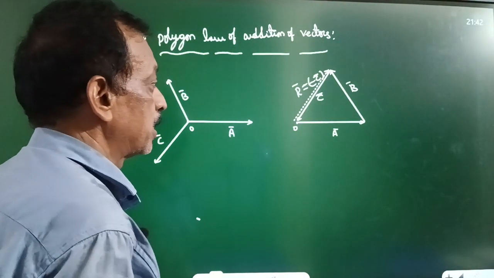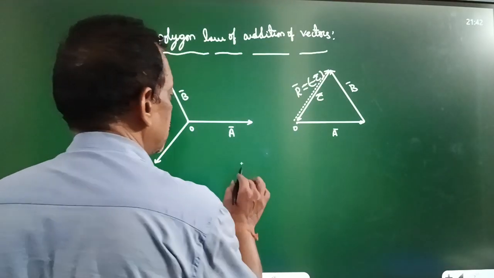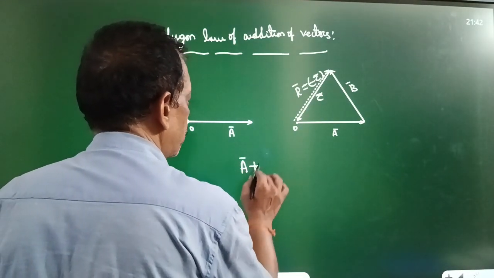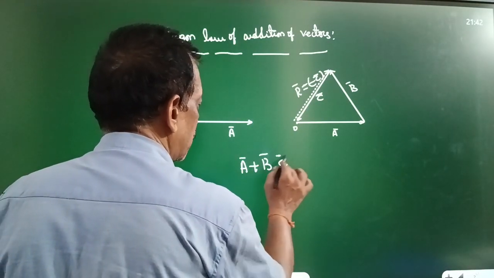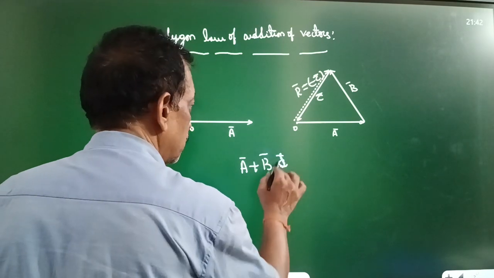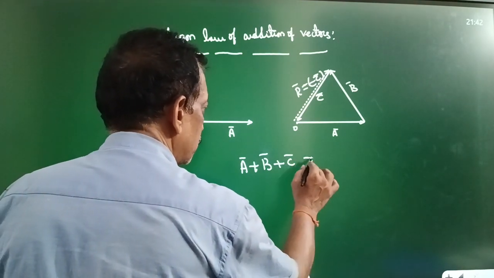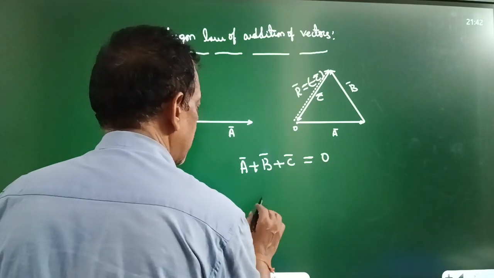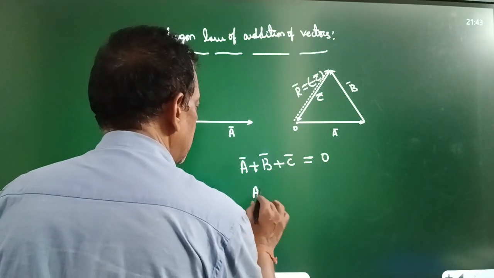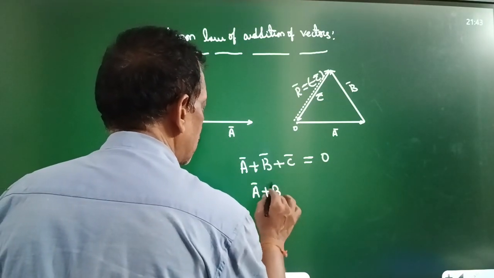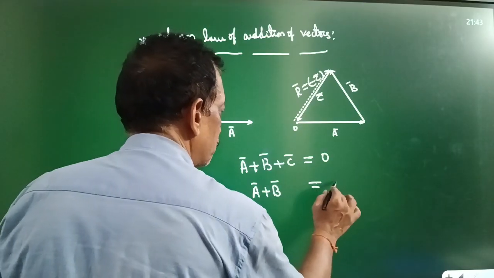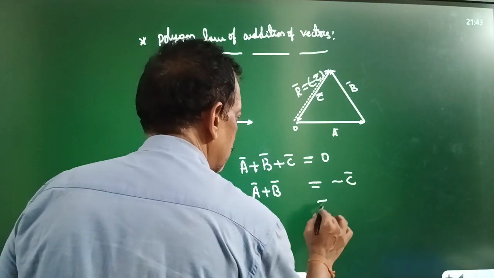That means A vector plus B vector plus C vector is equal to 0. Then A vector plus B vector is equal to minus C vector, that is nothing but R vector.